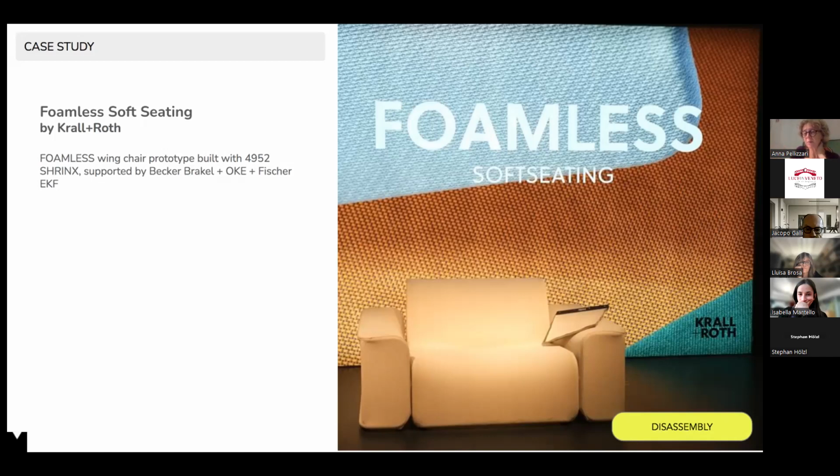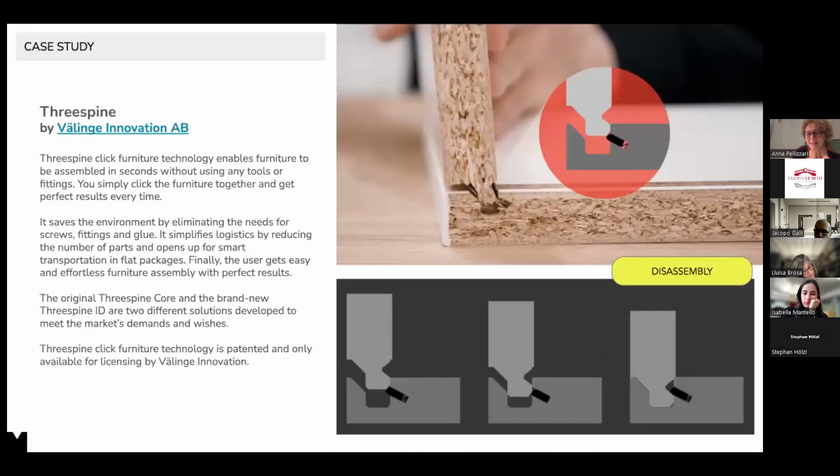Let's see whether we can do something without foam. Foam in general is one of those areas where all companies are trying to find replacements for PU foam, but there is nothing that is comparable with the quality and durability of PU foam.